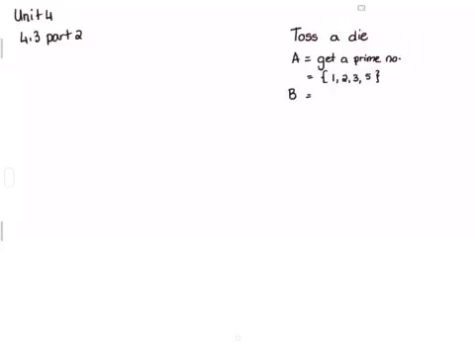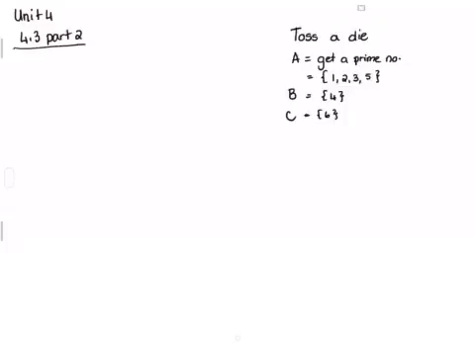Event B is get a 4, and event C is get a 6. Can you see that if we throw events A, B and C all together, we've got all the possibilities? Right, now we're going to look at some.